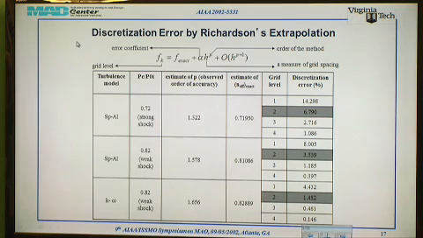And you can see estimating the error in the grid for those different models.